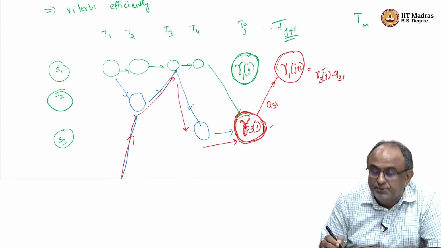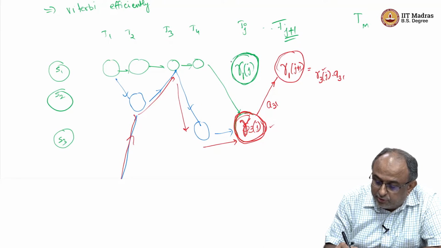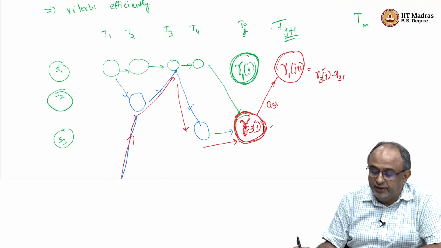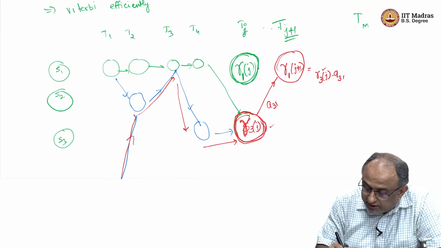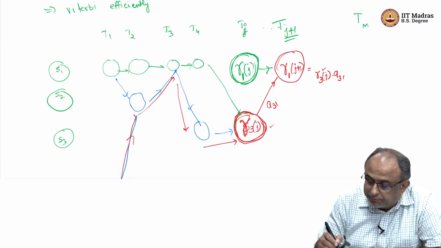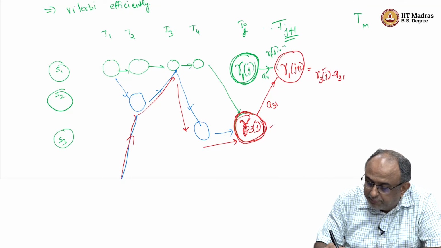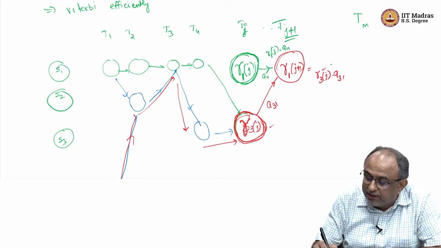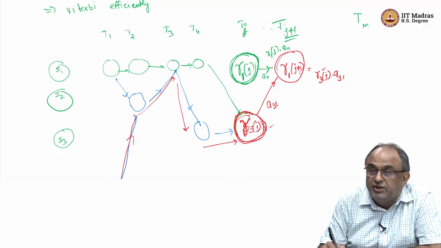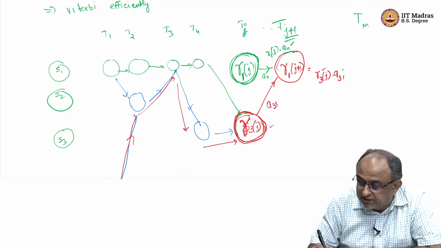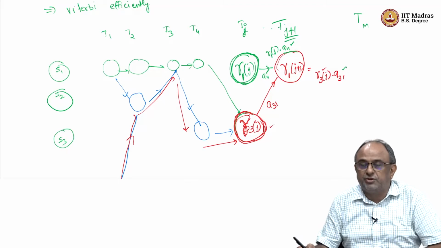This gamma tells me the maximum probability to be in the first state at the jth time instant. If I go from here to here, this probability will be gamma 1j multiplied by a11. Now, if I want to compare these two paths and find the highest probability, I should look at which is larger, and whichever is larger, I should choose that.